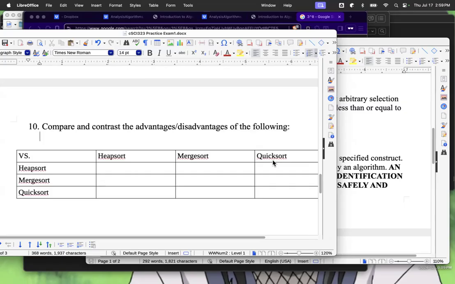Okay, what about heap sort versus quick sort?